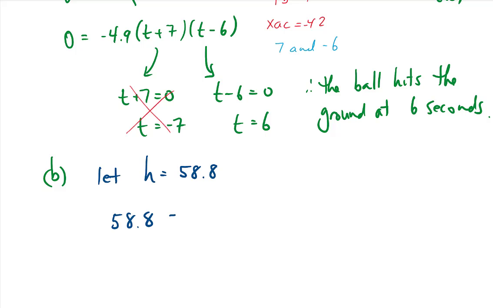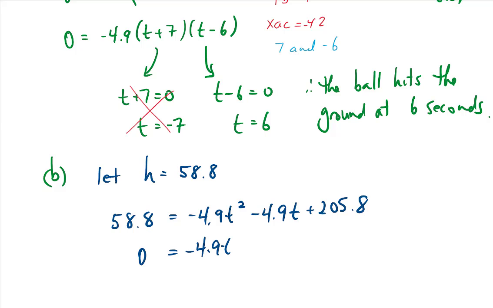So we get 58.8 equals -4.9 t squared minus 4.9 t plus 205.8. That gives us, if we rearrange, 0 equals -4.9 t squared minus 4.9 t, and 205.8 minus 58.8 equals 147.